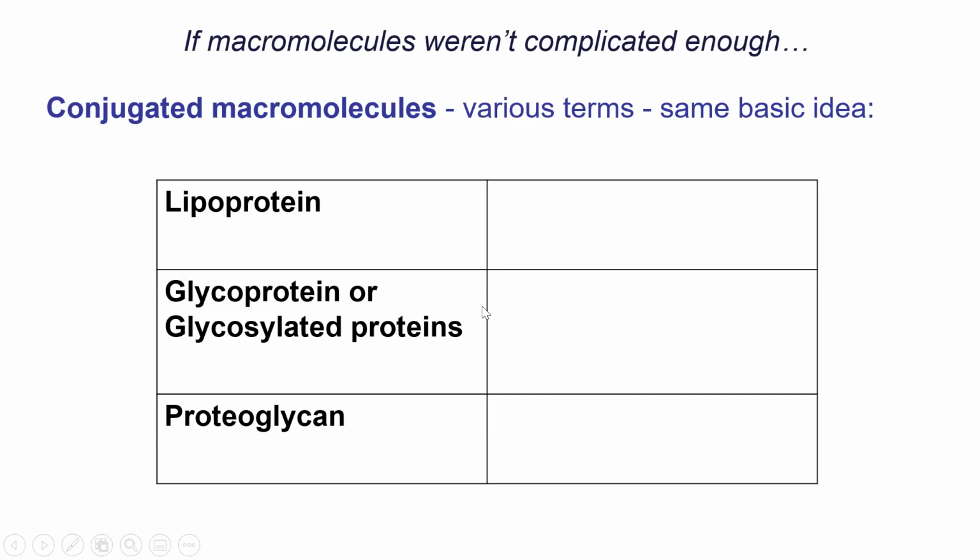So a couple more things, and then I have a Kahoot for you. You might see sometimes these words used combined with other words. You don't just have to have a lipid alone. You could have a lipid connected to a protein. So that particular molecule would be called a lipoprotein. You might also have something that has a glyco in it. So the process of adding a carbohydrate is called glycosylation.